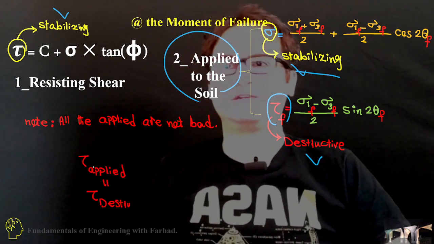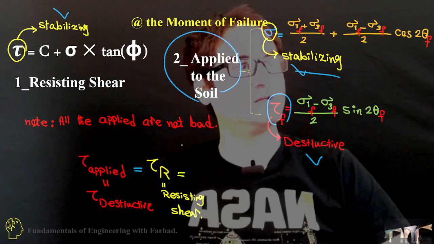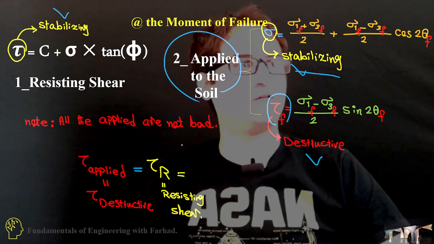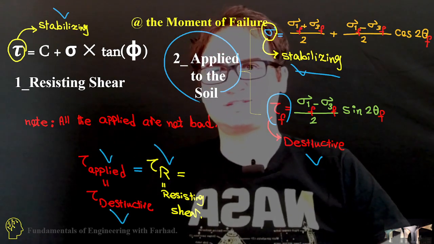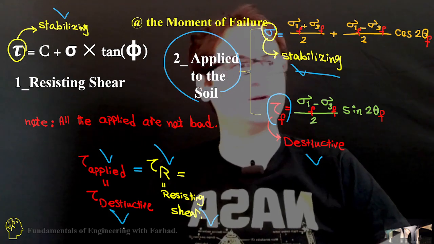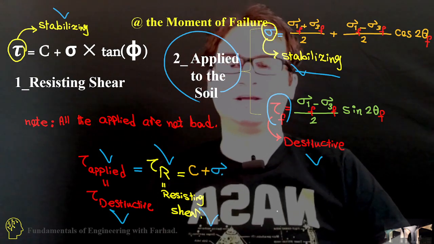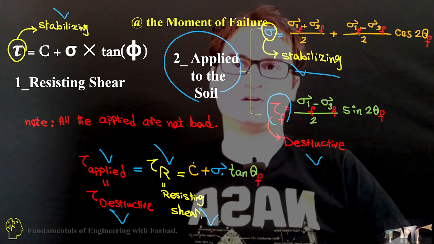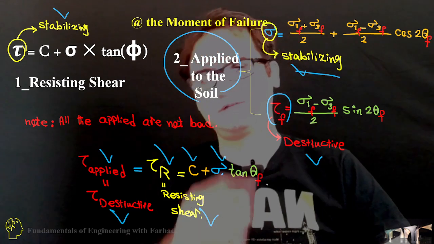So we can again jot down our equation, and that's an important understanding of this mechanism. Tau applied is equal to tau resistant, so destructive shear is equal to resisting shear, and resisting shear is nothing but C plus sigma times tangent of phi.